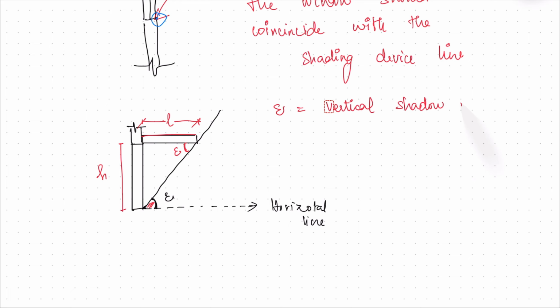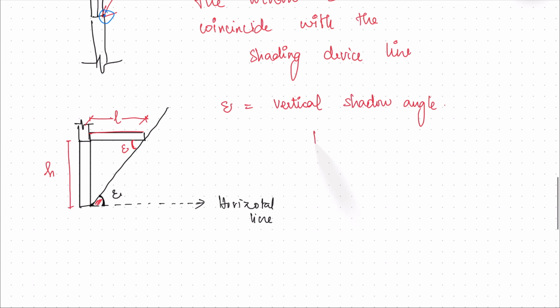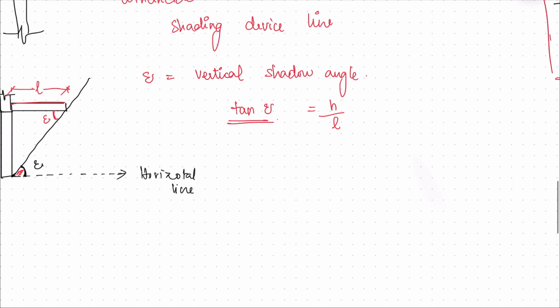Now let's consider tan epsilon. Tan of any angle is basically opposite by adjacent. So tan epsilon is equal to H by L. So your L is equal to H by tan epsilon, and this is how you find the length of the horizontal shading device. But what is epsilon, or what is tan epsilon?